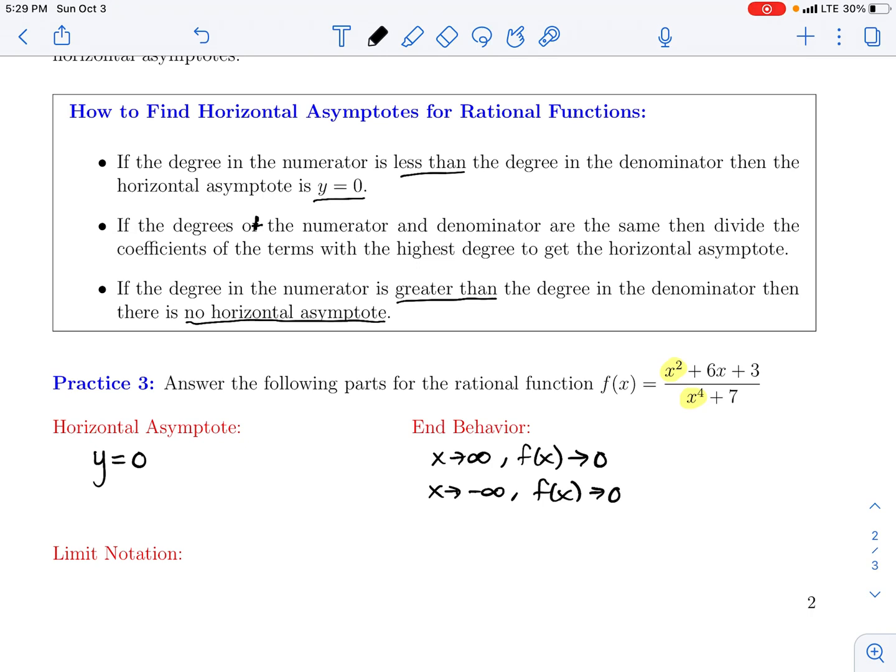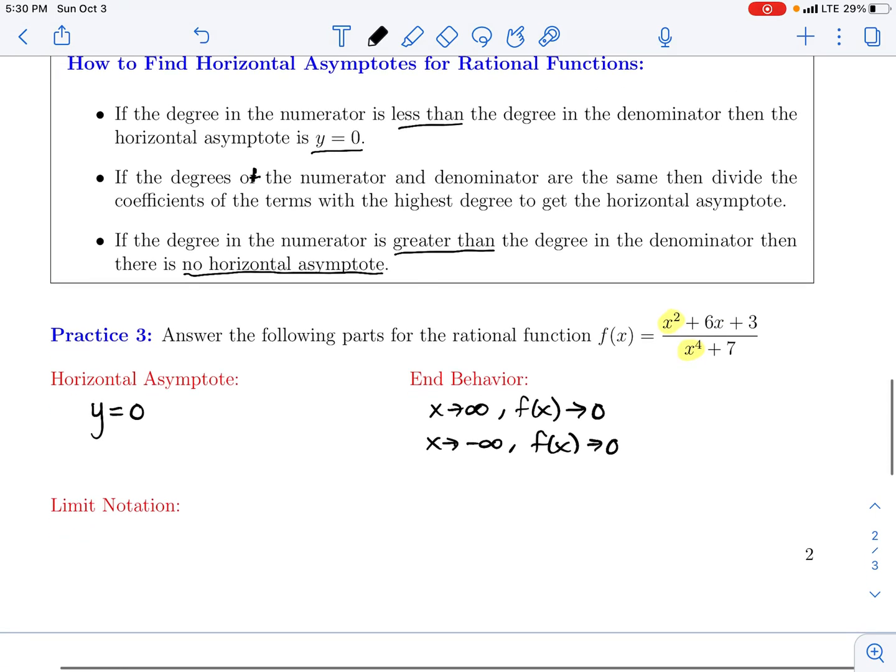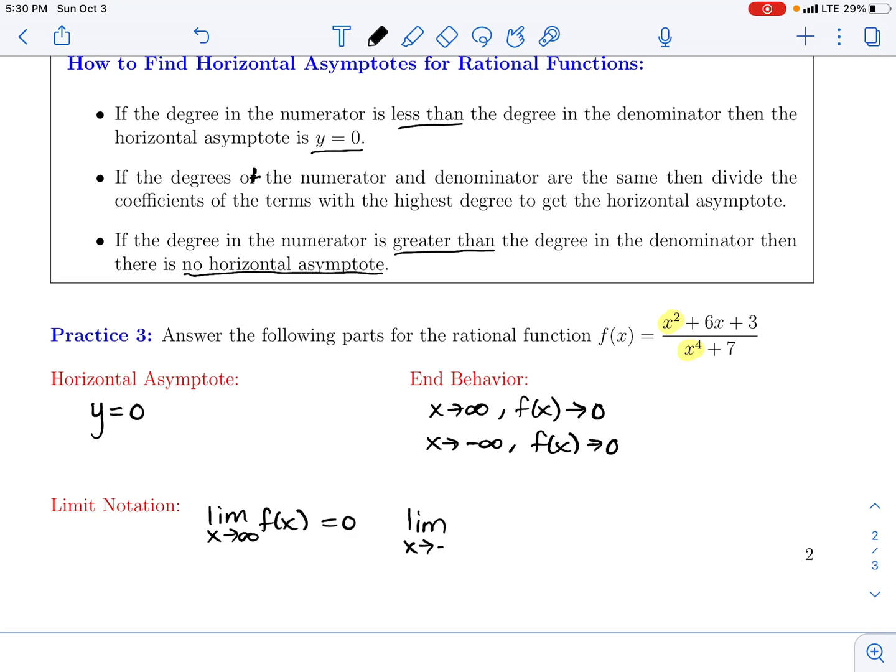So from both directions, the output values are approaching that horizontal asymptote line, in other words, they're approaching 0. Writing this using limit notation, we would say the limit as x approaches infinity of f of x is equal to 0, and the limit as x approaches negative infinity of f of x is equal to 0.